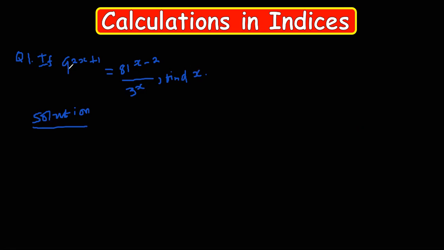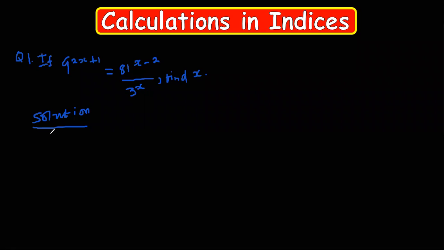So here we have 9 raised to the power of 2x plus 1, and then 81 raised to the power of x minus 2, over 3 raised to the power of x. We have to find x. In this case, you look at all the bases here. The base here is 9, the base here is 81, and the base here is 3. This is the lowest base, and this is the index. So the first thing we're going to do is convert all the terms into the same base. Which is the lowest base? That is base 3.